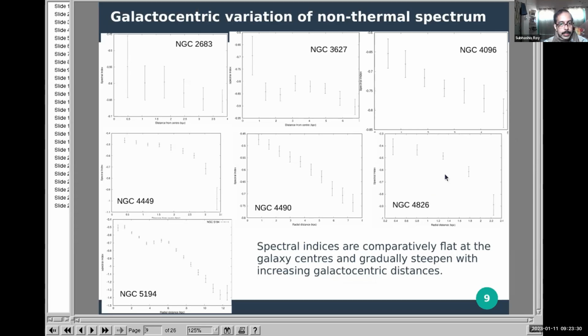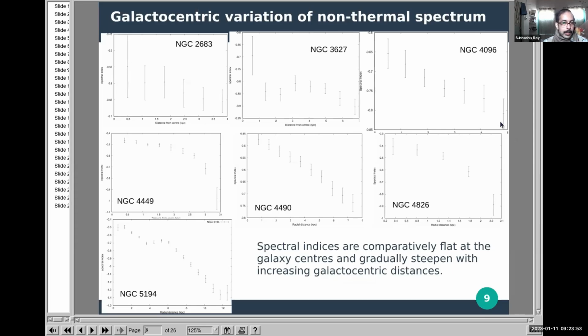As we approach the edges of these galaxies, the acceleration has really stopped beyond some point, and what we are seeing is propagation, which causes them to lose energy even at lower frequencies. That's why the spectral index has steepened, particularly at 1.4 gigahertz. The propagation scale is smaller than at 330 megahertz. So that's why the spectral index is steepening.